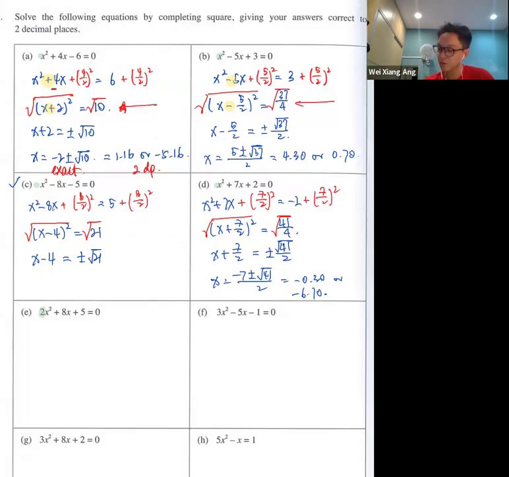So this is what I'm going to do. Same thing, I'm going to move my constant to the other side, and I'm going to factorize the remaining term on the left. So it'll be 2 times x squared plus 4x. The 5, I move it to the side, it becomes negative 5.